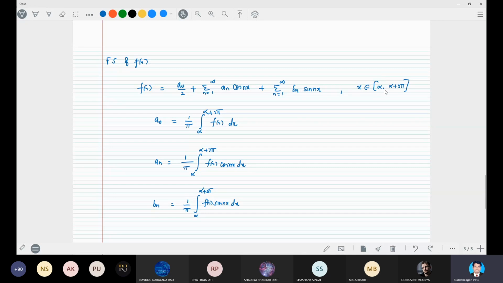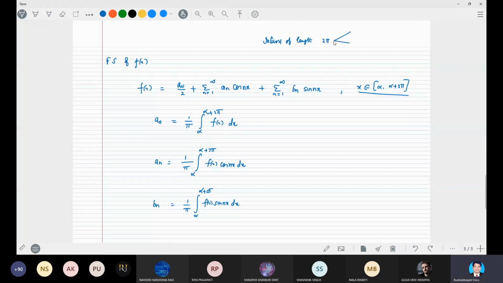So here, what I would like to give you is this interval, an interval of length 2 pi, can be defined in 3 ways, right?